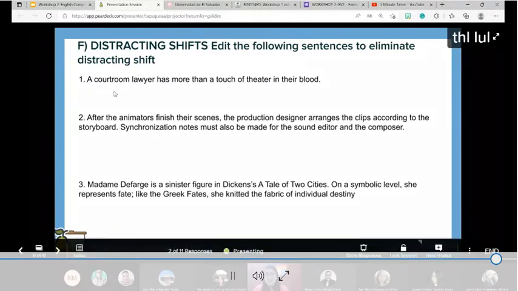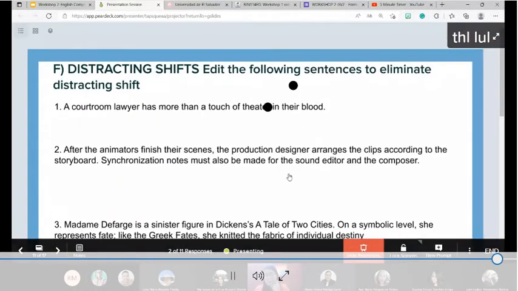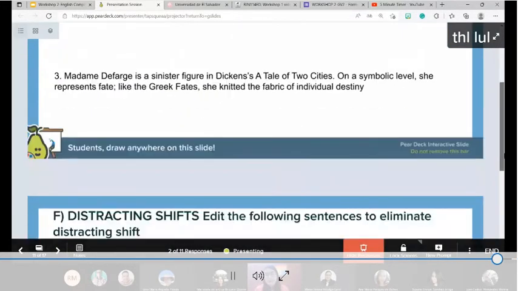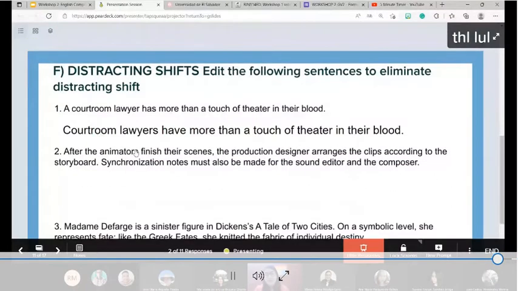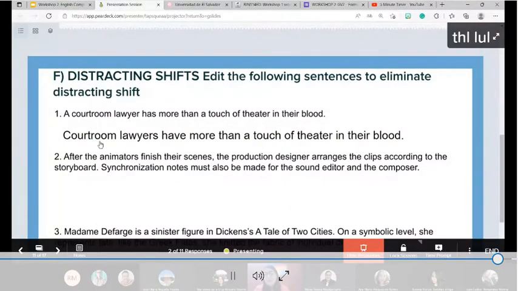Here we have a courtroom lawyer, one, but we are talking about their blood. So there's an issue there. Courtroom lawyers. We have more than one because we are talking about their blood.